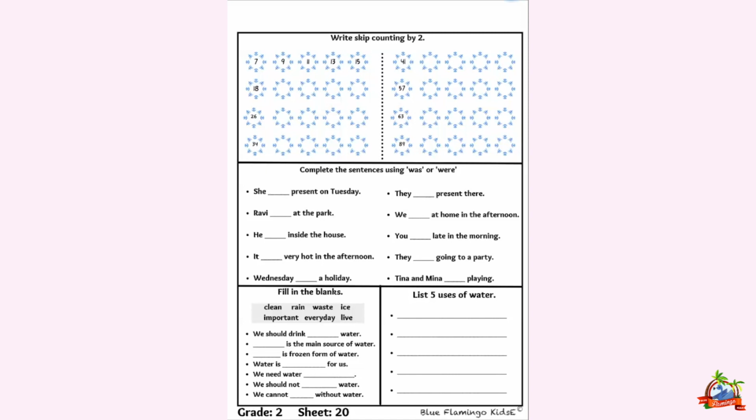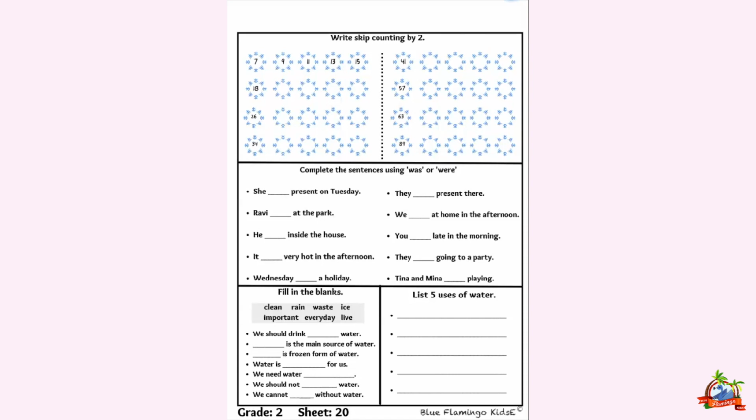We dash at home in the afternoon. हम दोपहर में घर पे थे. So in this, we is a plural subject. That is why we will use were. We were at home in the afternoon.